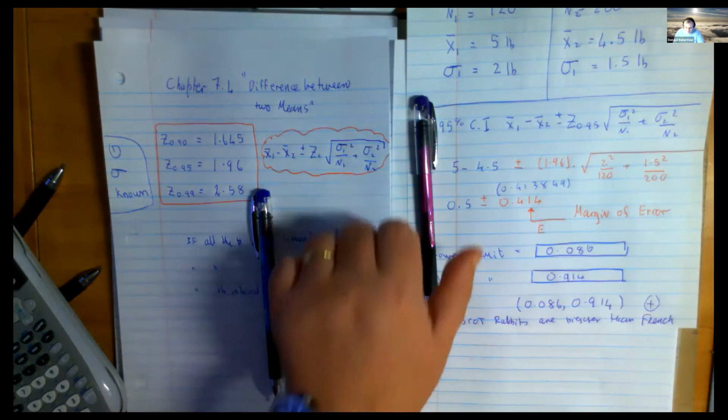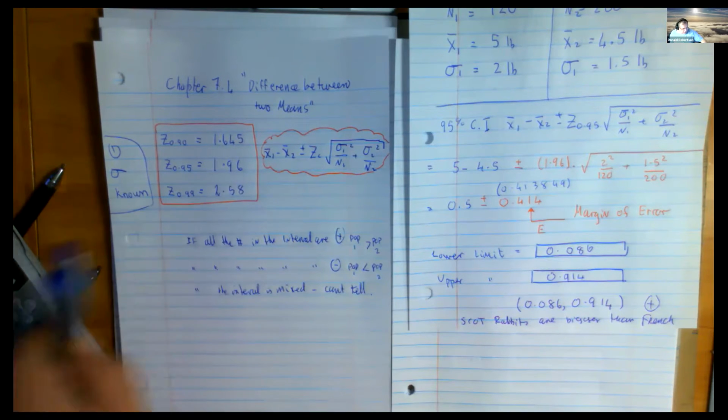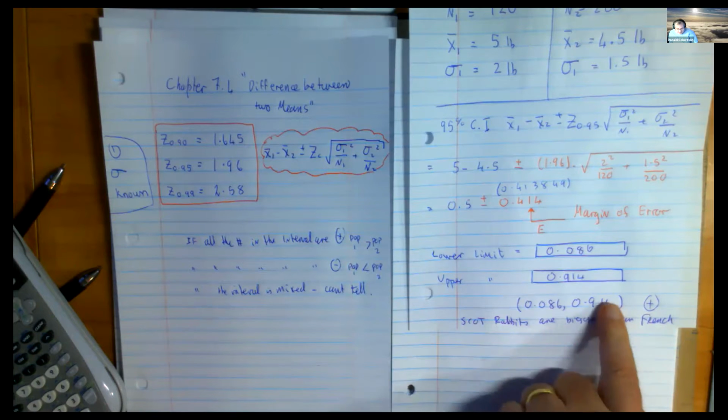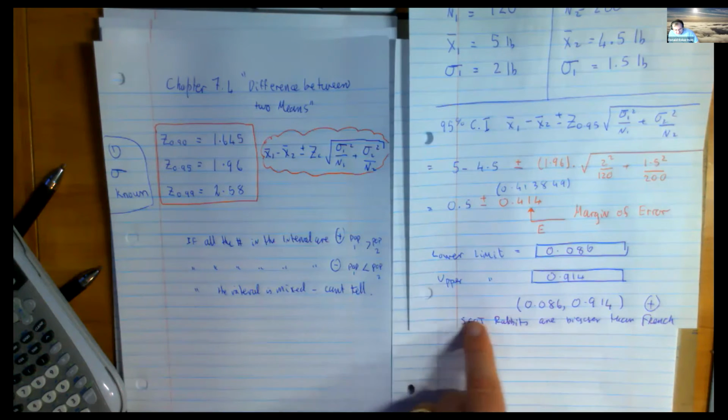And very often, that's the kind of thing that we are looking for. Not only do we want to find an interval for what the difference between them is, we're hoping at least to find that that interval is always positive or always negative, because then we can finish off with this little fella.